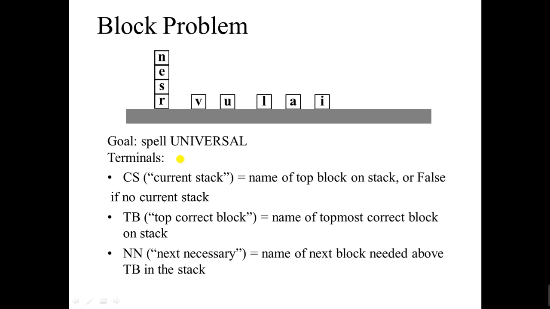Next one is TB, the top correct block, the name of the topmost correct block on the stack. Next, NN represents next necessary, the name of the next block needed above the top correct block in the stack.